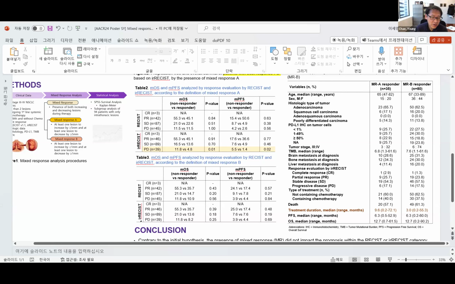So here, see, in PD, mixed response, OS doing worse. PR, mixed response, is doing worse for sure.